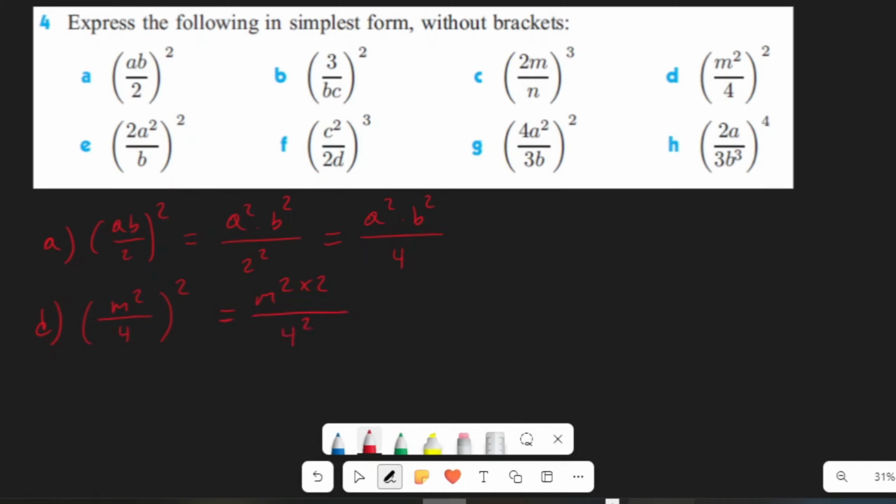Do you remember the first rules where when you're raising a power to a power, you keep the base and you multiply the powers? That's what we did here. We kept the m and we multiplied the powers 2 times 2. And at the bottom we had 4 to the power of 2. We can expand this a bit further and we'll get m power of 4 over 4 to the power of 2, which is 16.